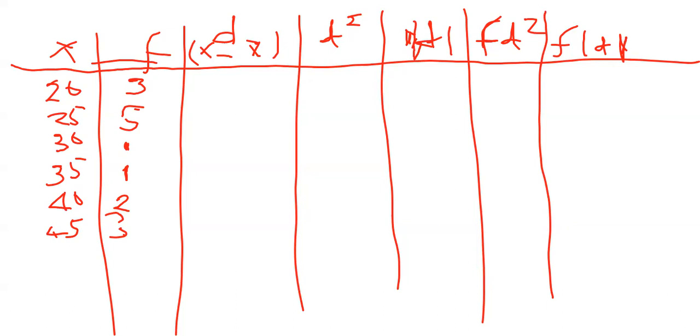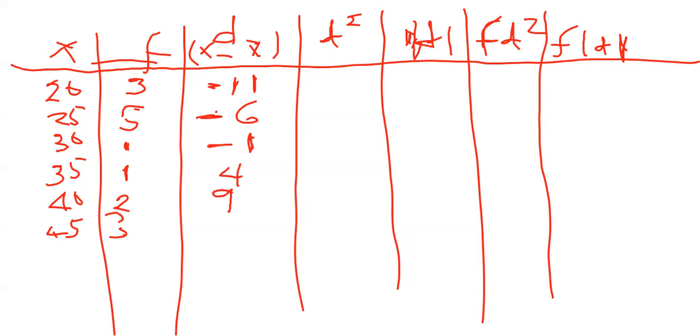So the first one, our mean is 31. So 31 minus 20 is minus 11. 20 minus 31, because that is the X, is minus 11. 25 minus 31 is minus 6. 30 minus 31 is minus 1. 35 minus 31 is 4. 40 minus 31 is 9.